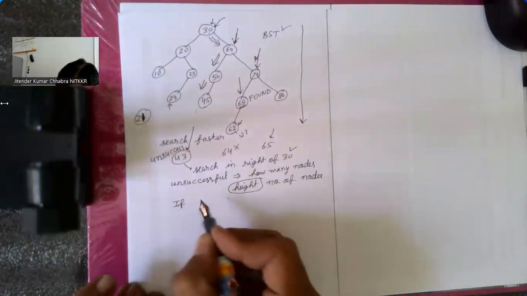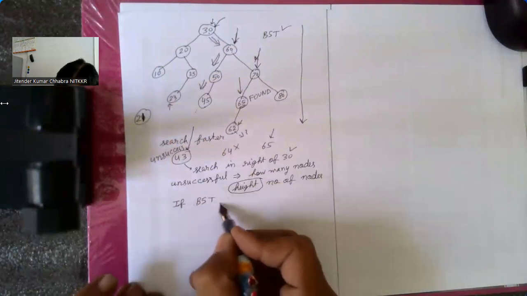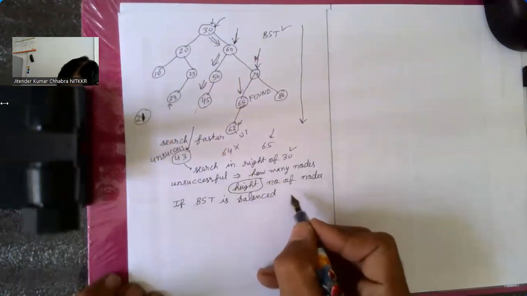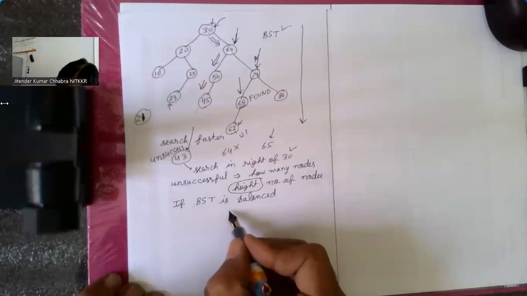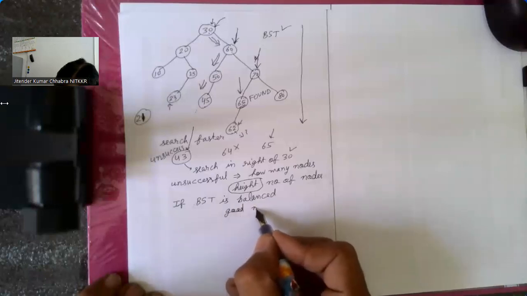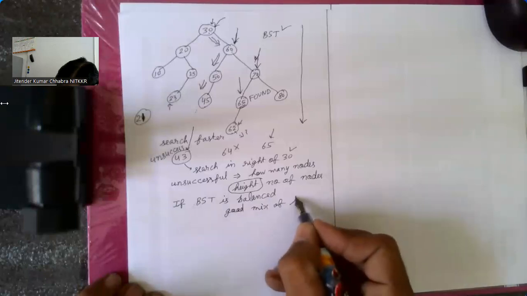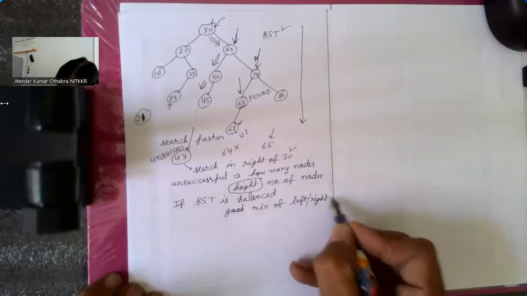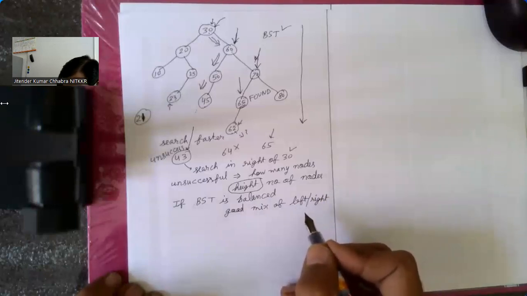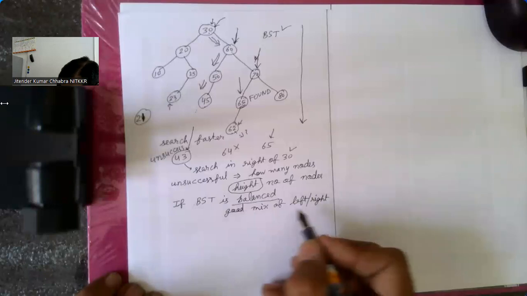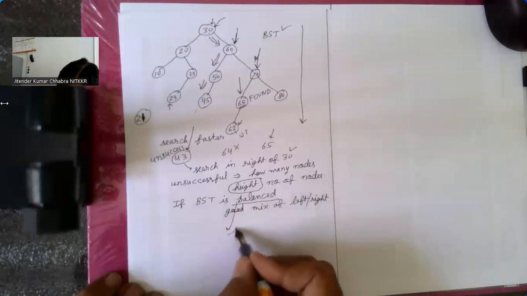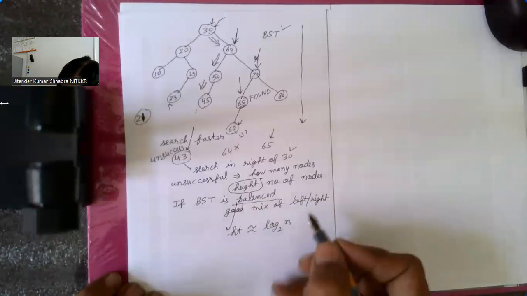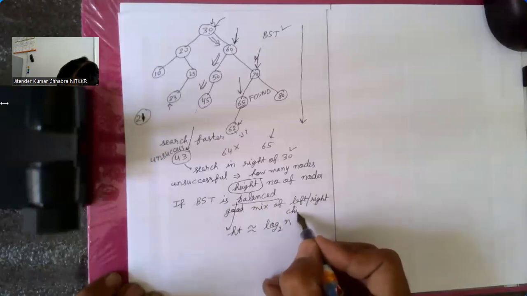If my BST is balanced, more or less, balanced will mean that a good mix of left and right children exist at every level, and there are no missing left and right links frequently. So if the tree has total n nodes, for a balanced tree, effectively, height is going to be approximately log 2n, because each node has left and right children.